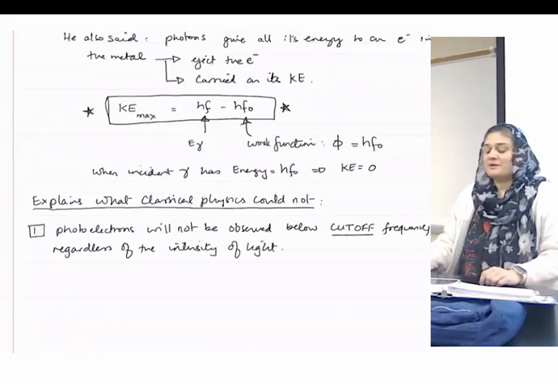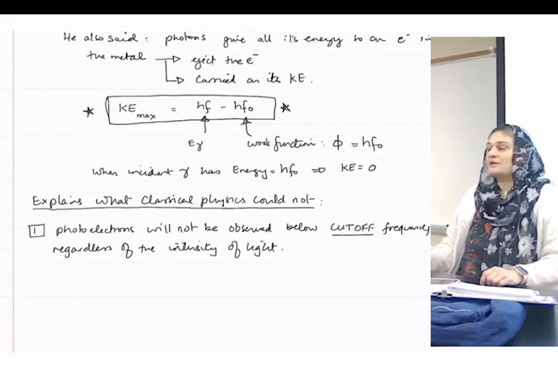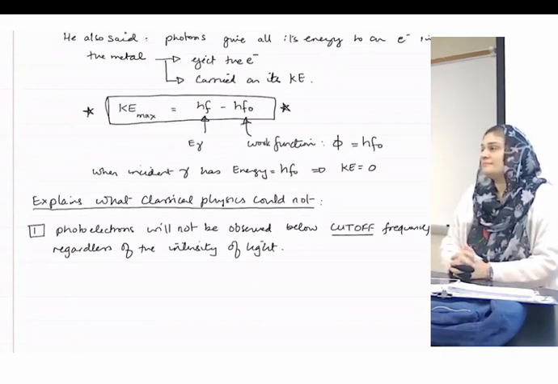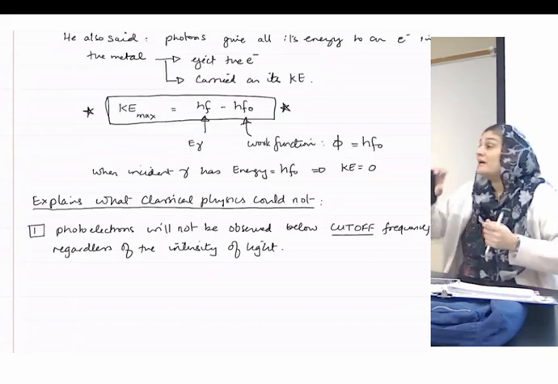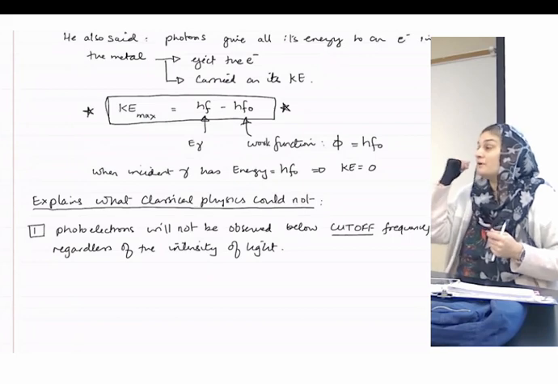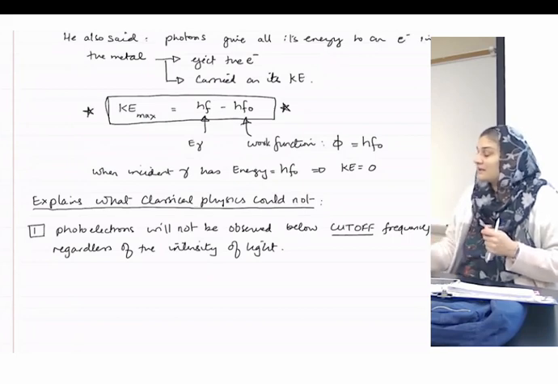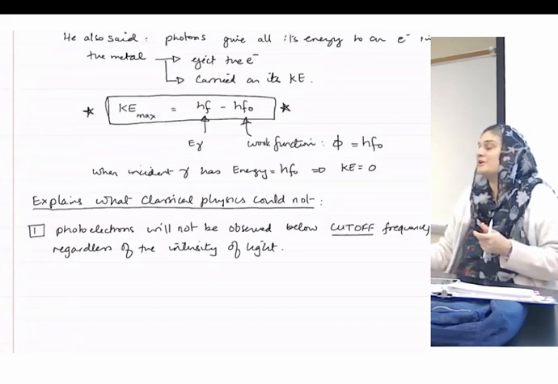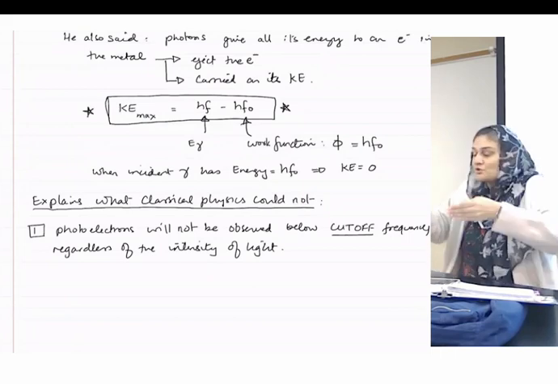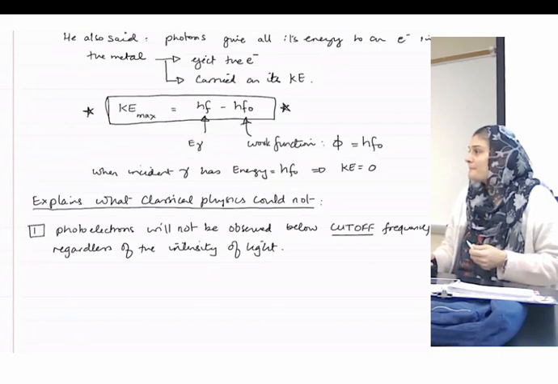In this formula, the one I made you put in between stars, is there a place for intensity of light? No matter how much you increase the intensity, if the frequency of your incoming light is less than the cutoff frequency, no photoelectrons will be ejected, regardless of how intense you make it. There's no spot for intensity in here, right?